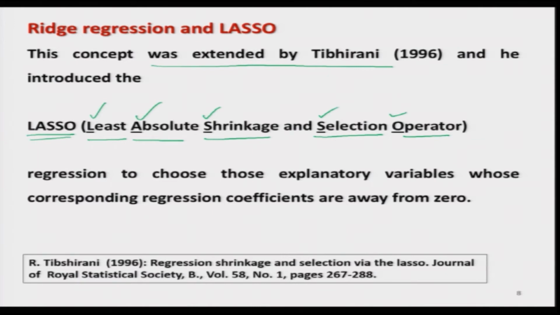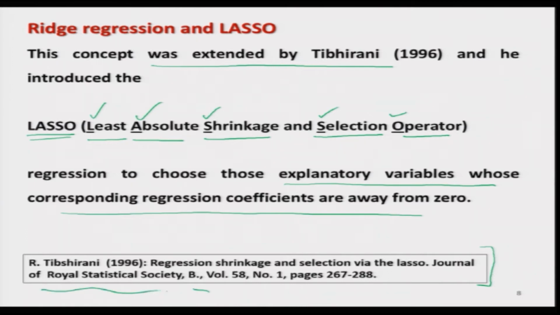This technique is called LASSO regression, and it helps in choosing the explanatory variables whose corresponding regression coefficients are away from 0. If you wish, you can go to his web page, where the paper is available in which he introduced LASSO.